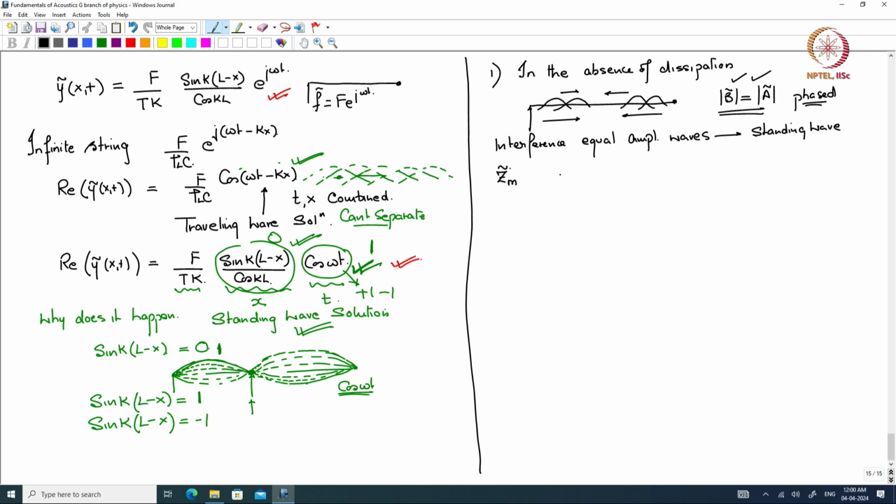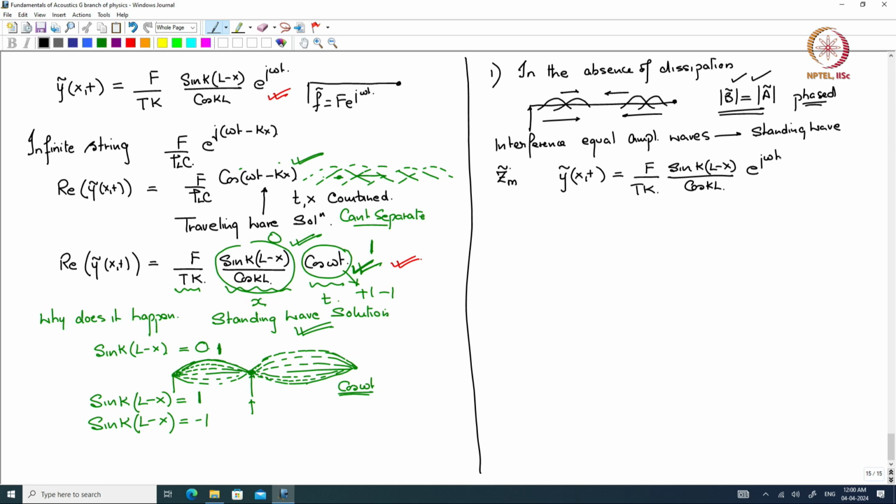Okay. Now, let me repeat my y tilde of x comma t. I will take it in this form: f by Tk, sin k(L minus x) by cos kL, e to the power j omega t.